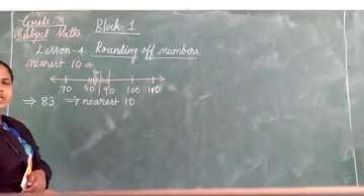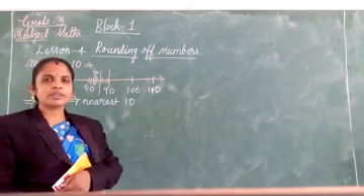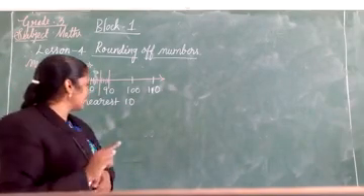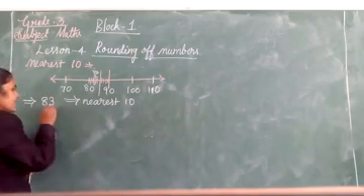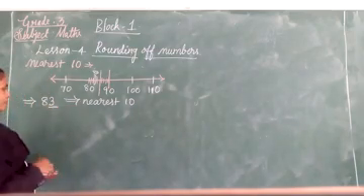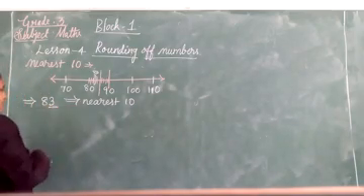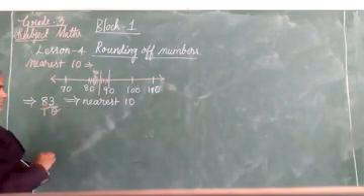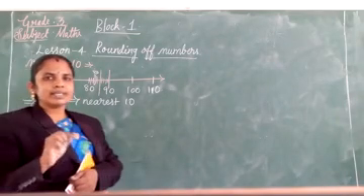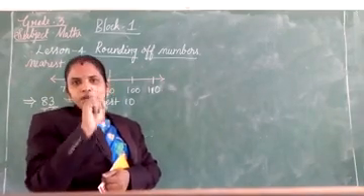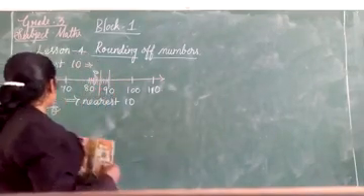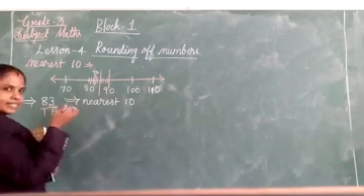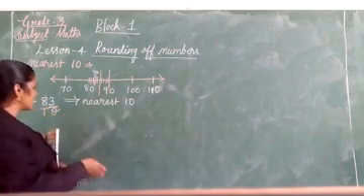Nearest 10 means what is the condition we saw? First we have to see the digit in the ones place. Which place is this one? This is ones and this one is tens. So we should see the digit in the place of ones. What is that digit?